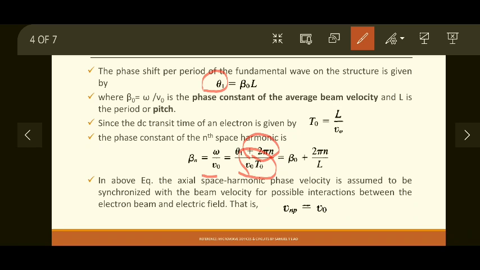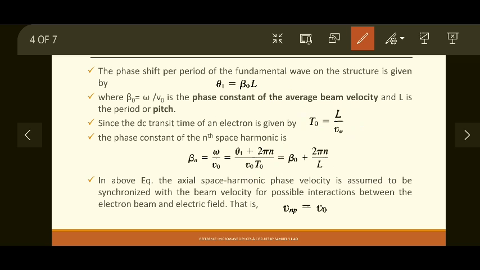Now beta n is omega upon v0, and v0 is L upon t0. That is replaced over here, so you can use these equations of t0 and theta 1 to obtain this equation for the phase constant of the nth space harmonic.